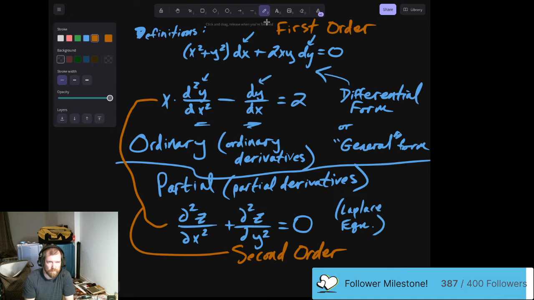So we look at whatever the highest ordered derivative is going to be anywhere in the entire equation. So in this case, up top it's 2, and then at the bottom it's also 2, although this one is a partial derivative, the other one in the middle is an ordinary derivative.